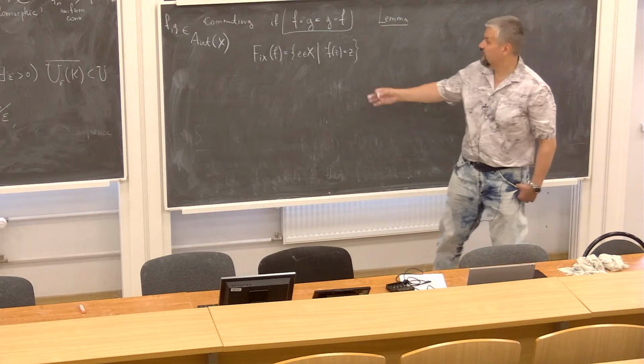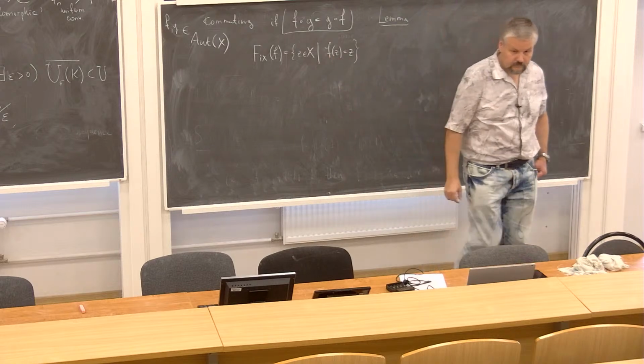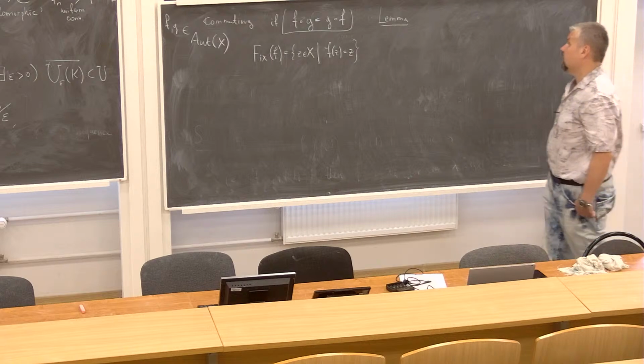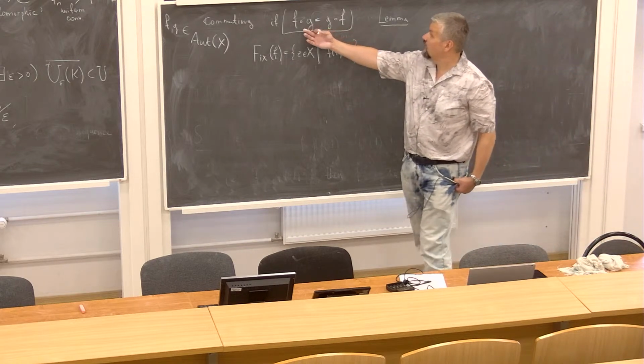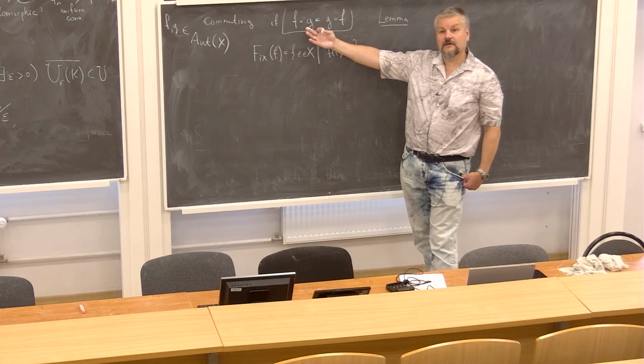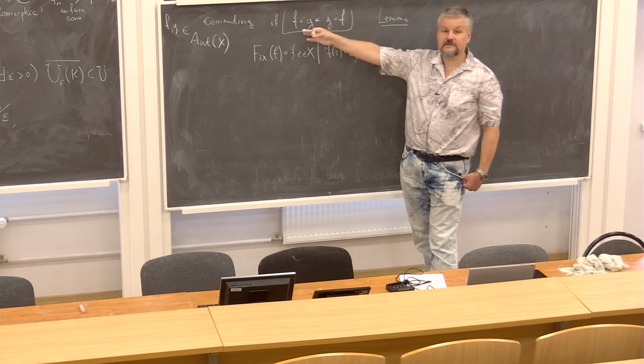The points that are fixed under the action of f. Basically, one thing to note is that the commutativity condition is already a dynamical type of condition. It can be rewritten in the form that f is conjugate to itself by means of g. So if you conjugate f by g, then you get the same map.